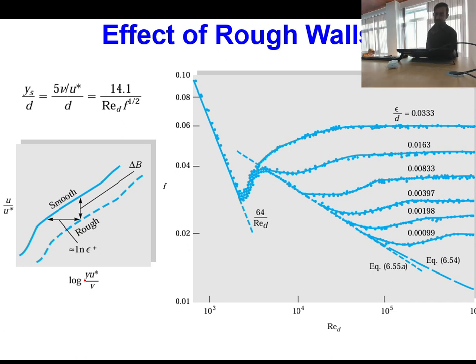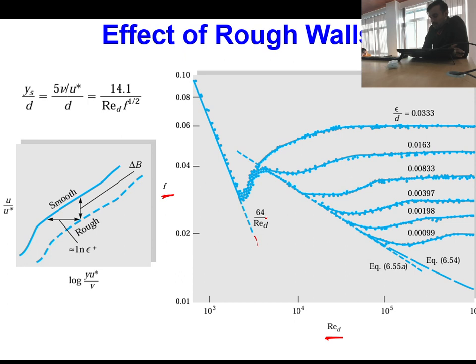friction factor. Typically you can see that this is the experimental data of Nikuradse. Here we have friction factor, and on this side Reynolds number, and all these circles are nothing but experimental data. You can see that in laminar flow conditions, all these circles follow our relation 64 by Reynolds number.